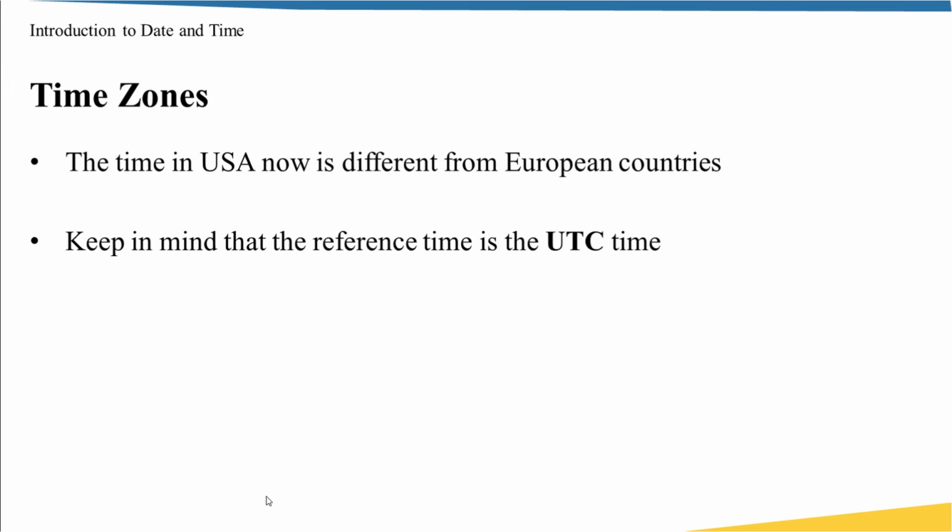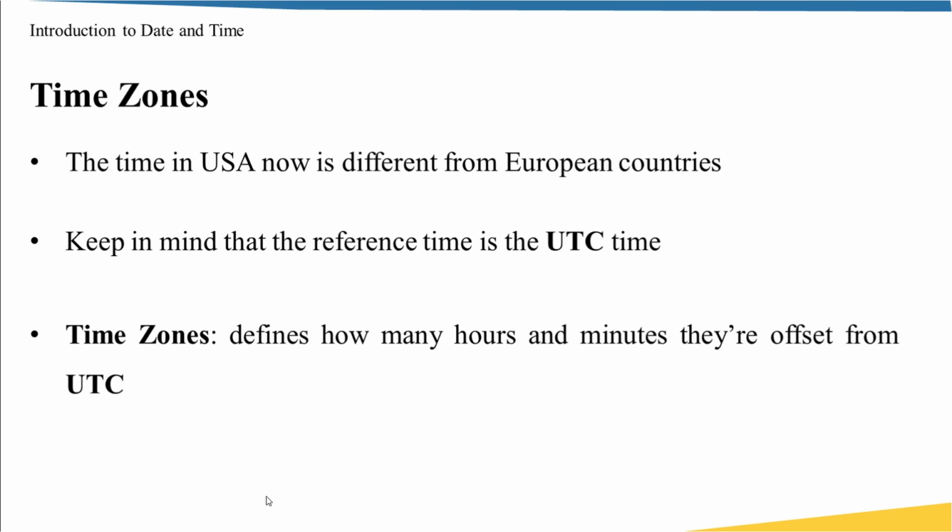Now let me define what time zones are. Simply, time zones define how many hours and minutes an area is offset from UTC. In other words, how many hours and minutes this area is late or earlier compared to UTC. When I say late or earlier, this means that the offset could be positive or negative. Positive for a late area and negative for an earlier area.